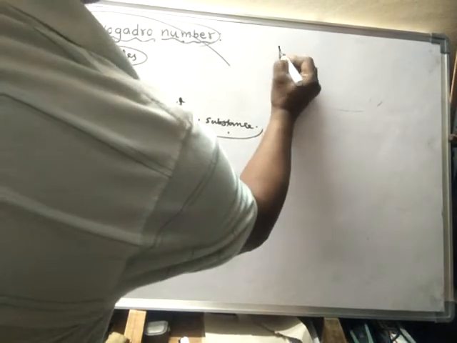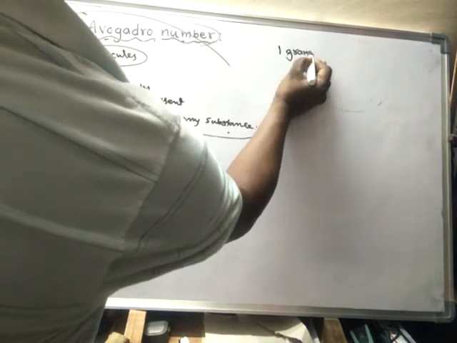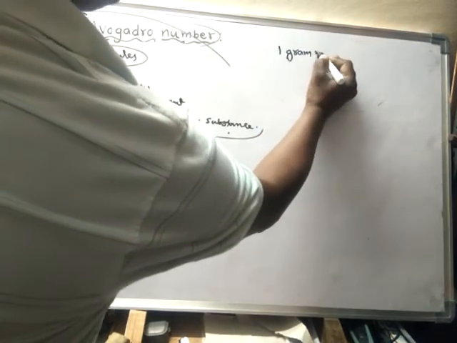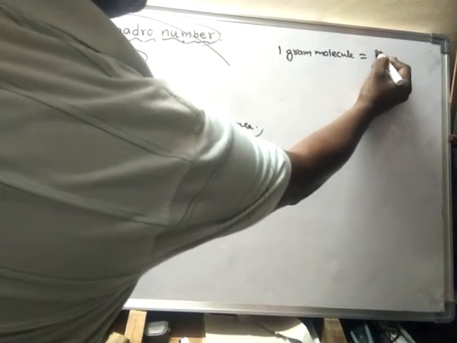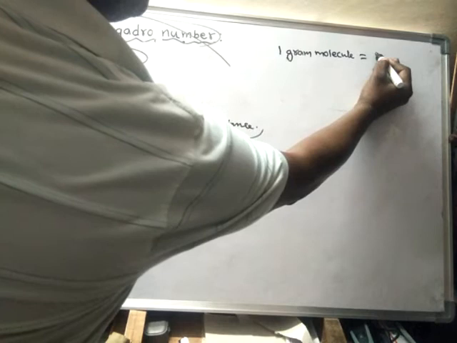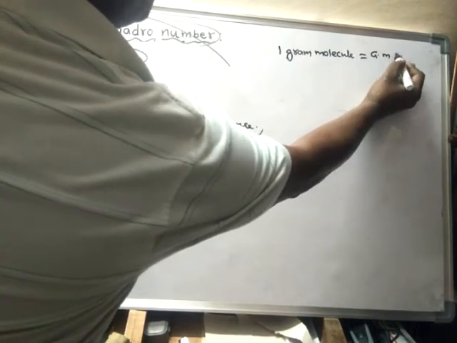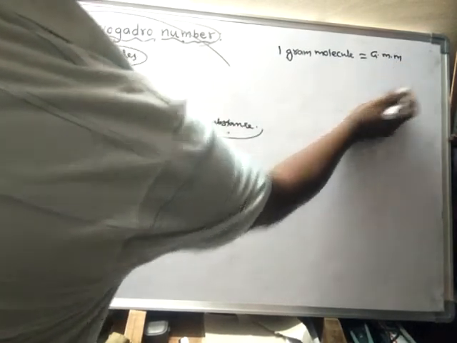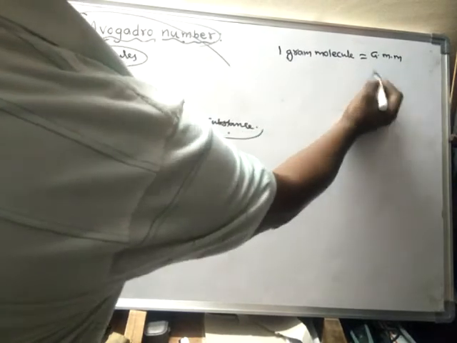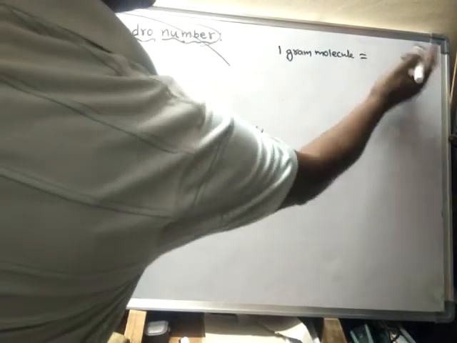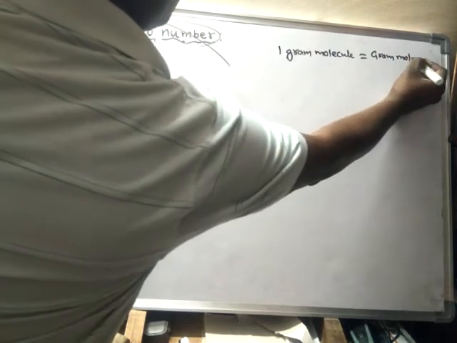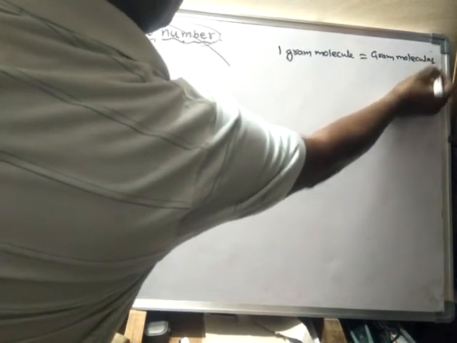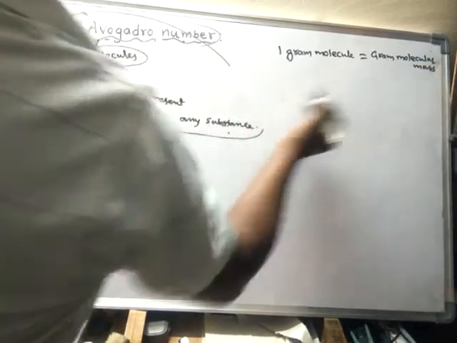Already we know that 1 gram molecule is equal to gram molecular mass. I'll write it like this: gram molecular mass.